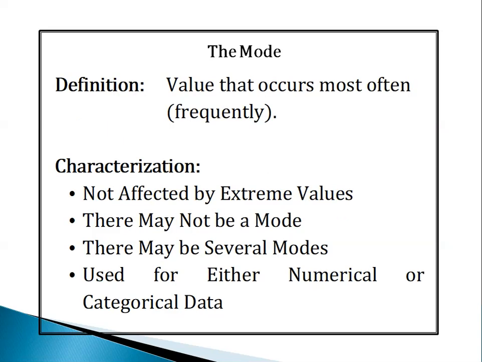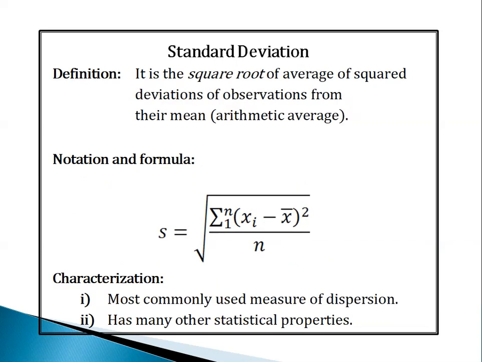Now the mode. It is the value that occurs most frequently in the data set. It is not affected by extreme values. There may not be a mode, or there may be several modes, and it is used for either numerical or categorical data. Now the standard deviation.